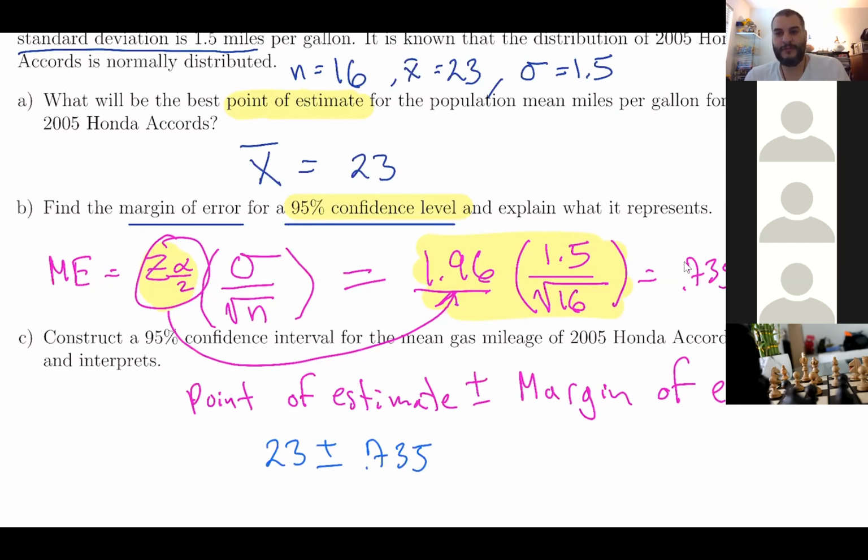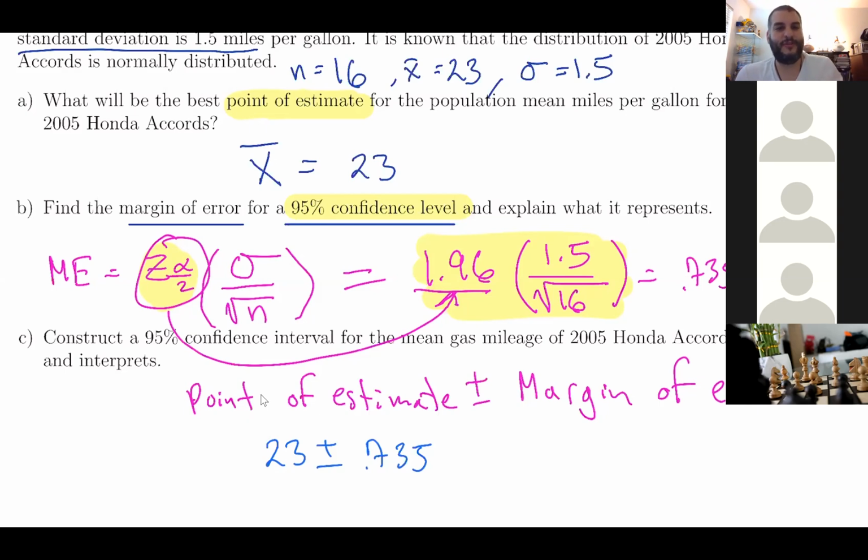Correct. If you look at the chat, Brando asks, will the point estimate always be the mean? The answer is yes. It will always be the sample mean. All right. Any questions so far?